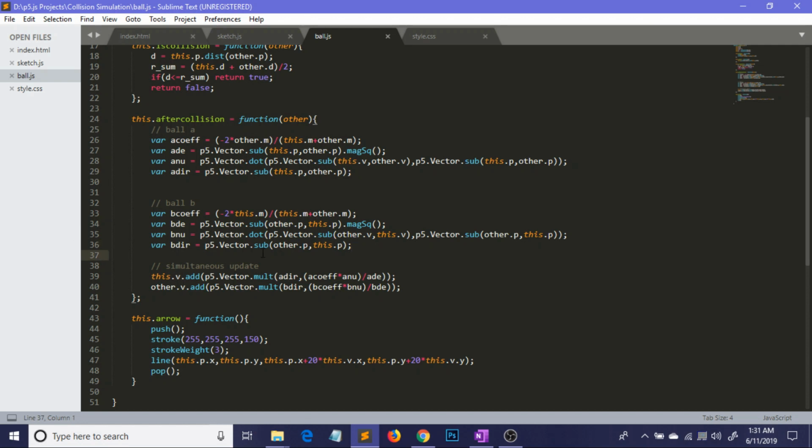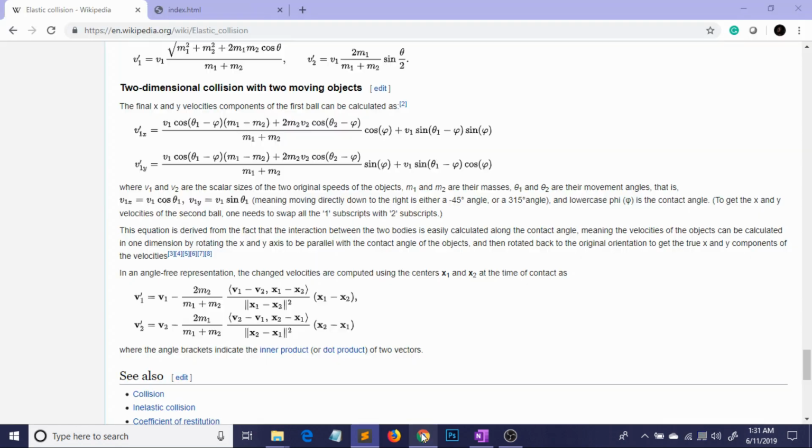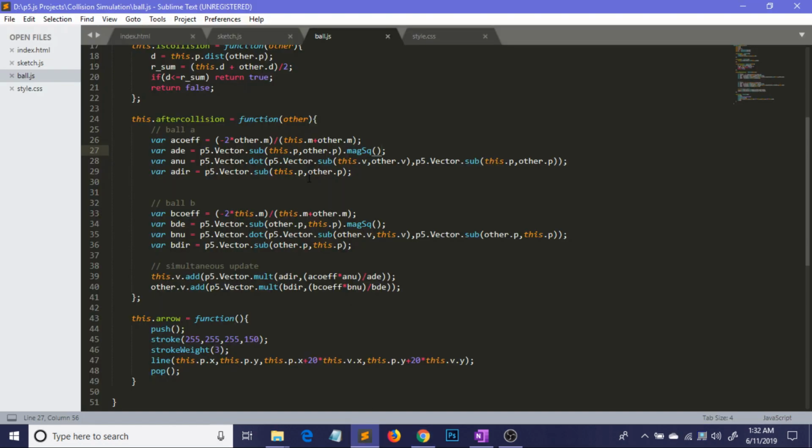Two things I'm going to mention here: first, the magSq actually finds the value of this thing. So x1 is a vector and x2 is another vector, and we are interested in finding the squared magnitude of their difference. So first we take the subtraction of these two vectors, and after that we take the squared magnitude. That's what is done in this line.